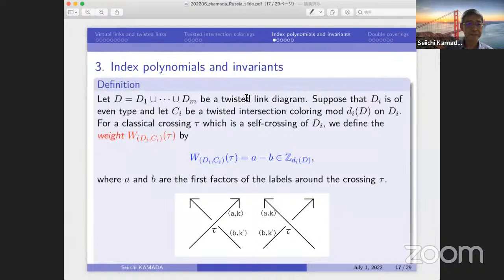Now, we introduce index polynomials and invariants. Let D be a twisted ring diagram, and suppose that Di is of even type. And let Ci be a twisted intersection coloring modulo d_Di.